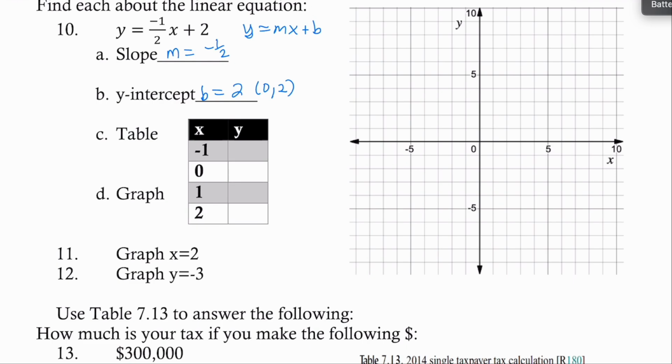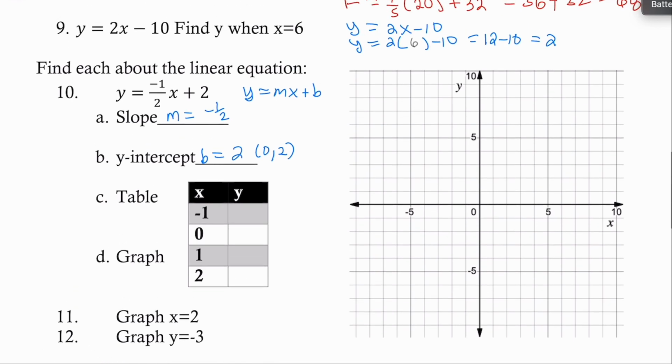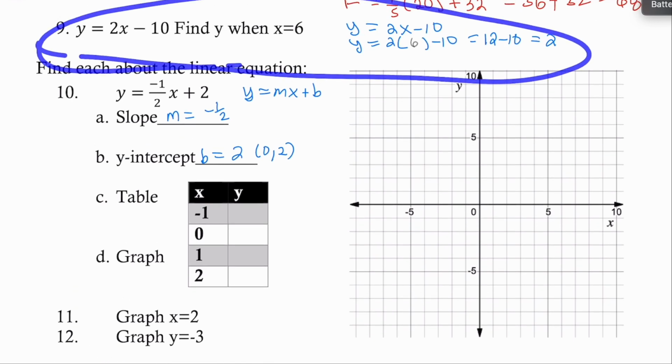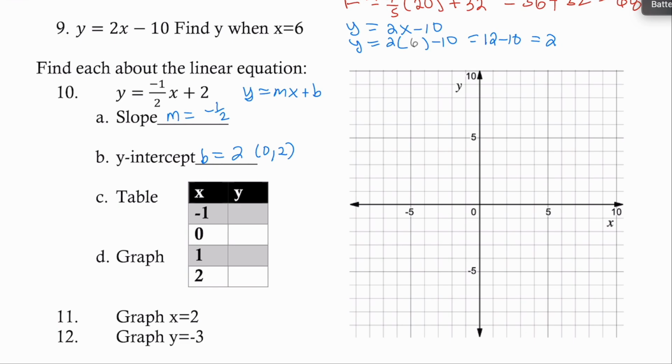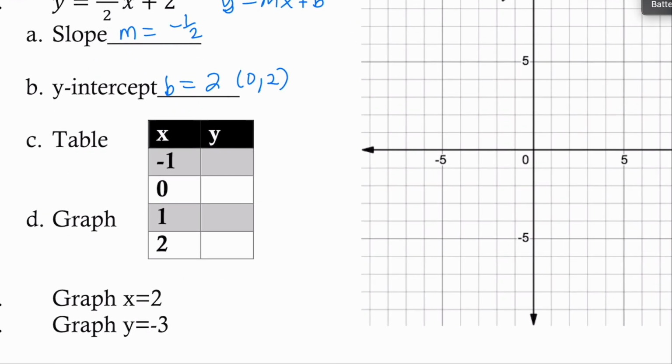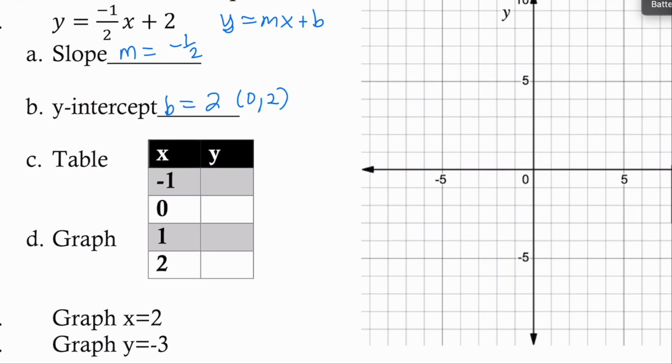Now, if we have a table, we're going to do exactly what we did for number 9. We are going to plug in the x in that spot right there. So I'm going to write my equation over here. Y equals -1/2 x plus 2.